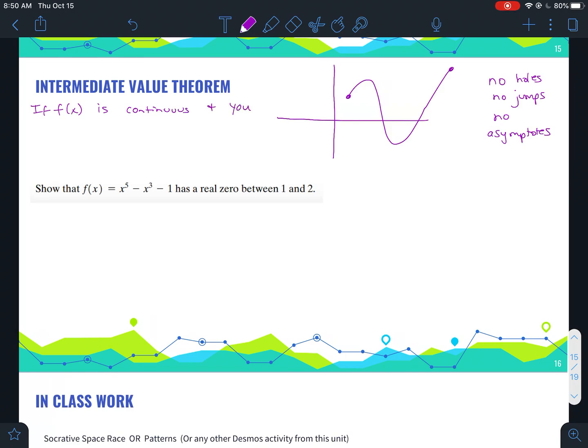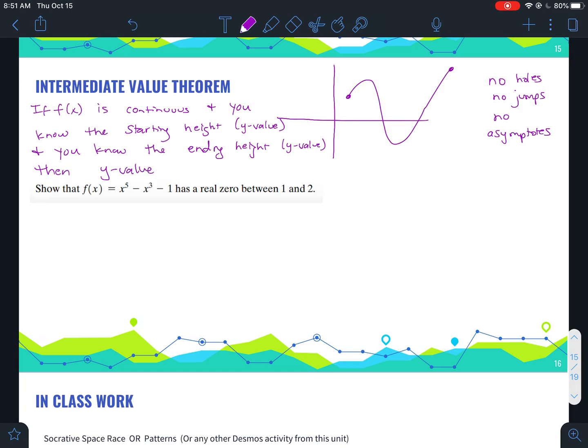and you know its start height, so you know the starting y value, and you know the ending height, you know the ending y value, then every y value in between those exists on the graph.